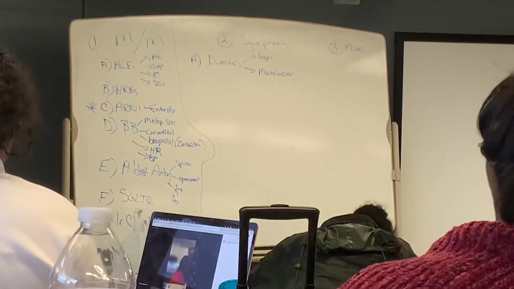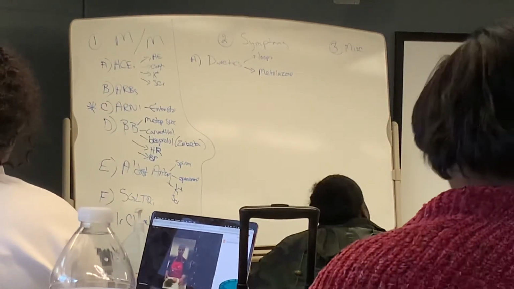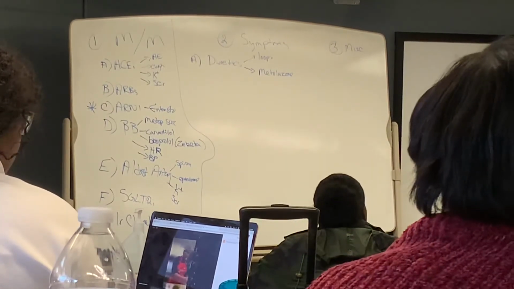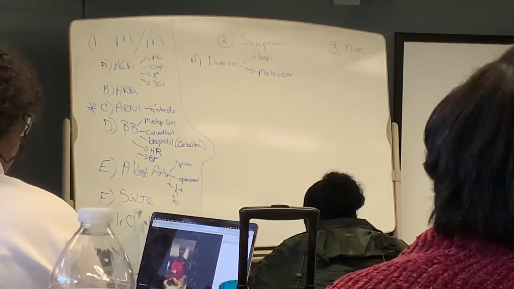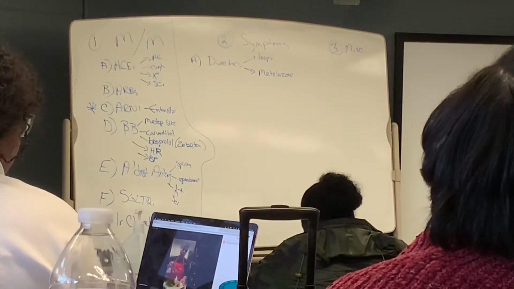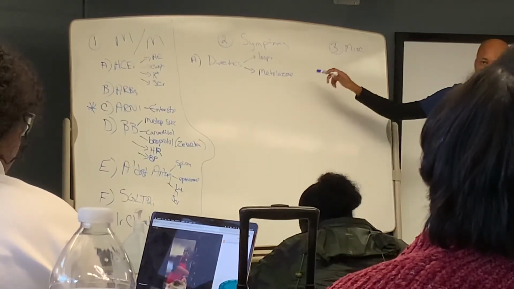Because we already said we reached the ceiling dose, and she explained to us that a ceiling dose, we can't go any higher and see any added benefit. So once that happens, then that's when this can come into play.